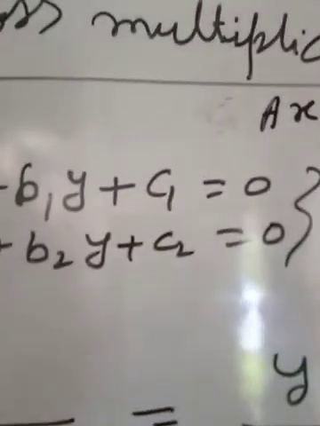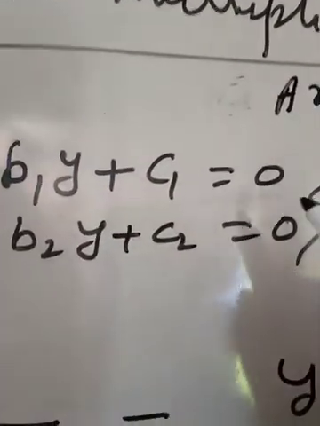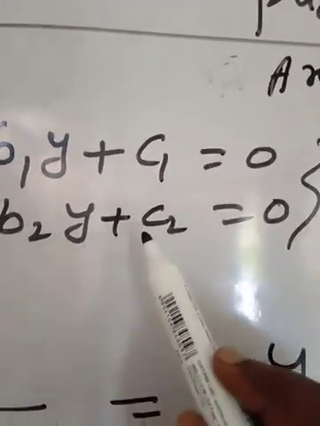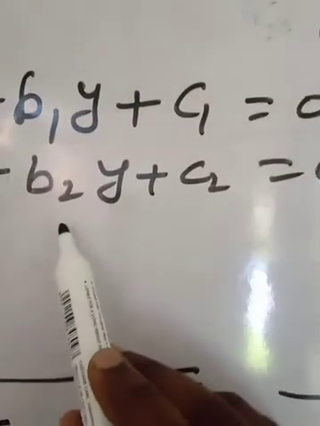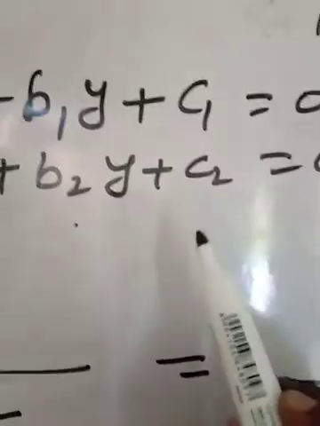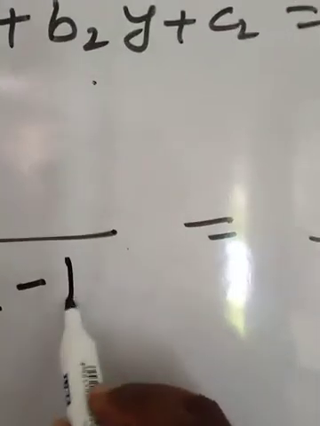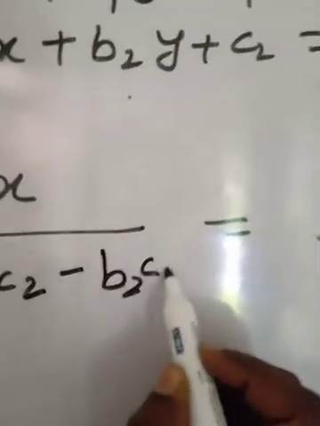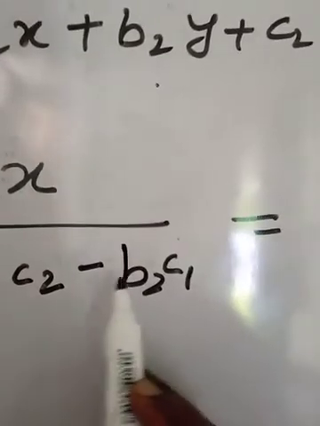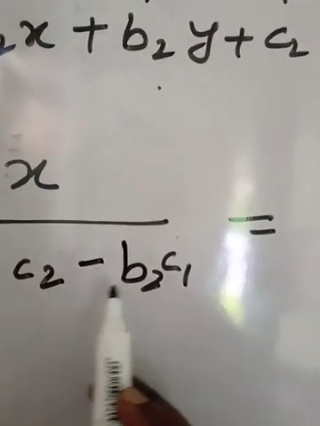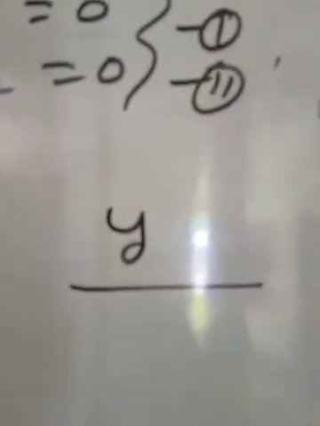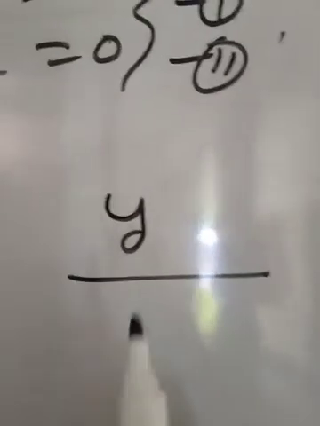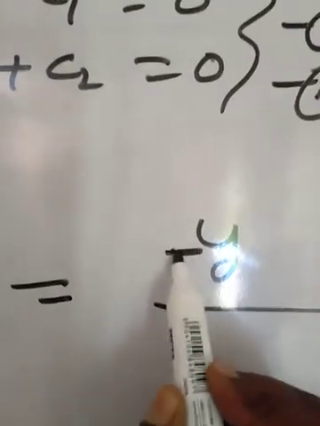Now again, the coefficient of y in the second equation, this is b2, multiplied by c1, b2 c1, and in the middle write a minus sign. Then for the next term, first there is plus, and again write the minus term.